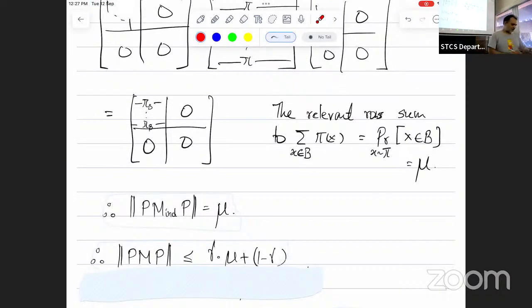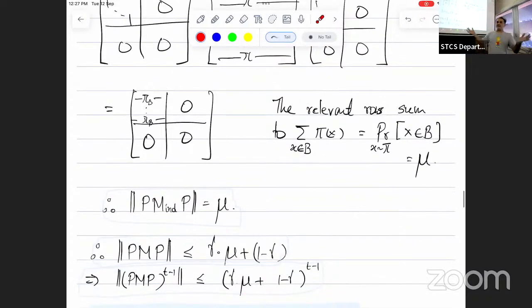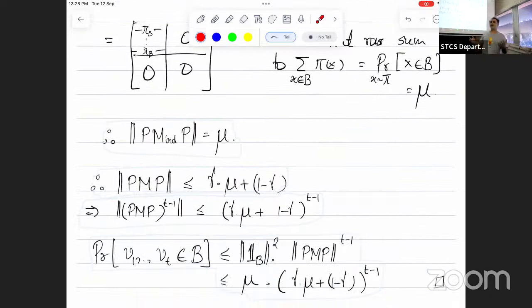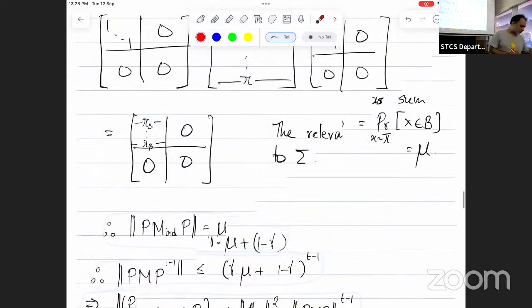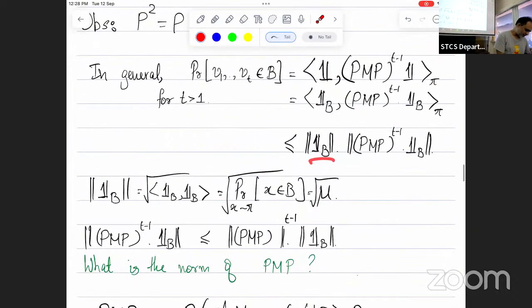And how did this tie up eventually? We wanted to know the tth power of this, which is just the tth power of this quantity. Eventually we want to know the probability that V1 through Vt was completely locked inside the set B. That happened to be the norm of 1B squared. There were two factors of norm 1B that showed up, one of them here and the other one here.